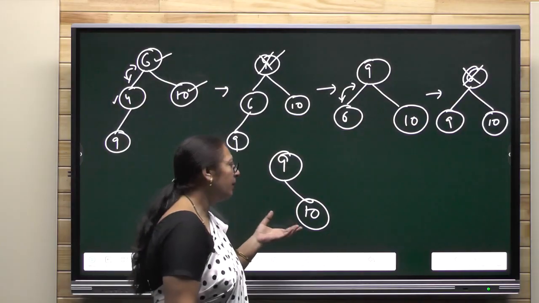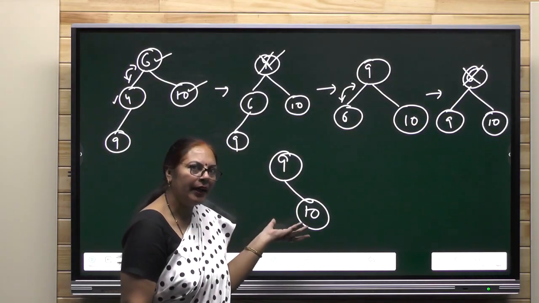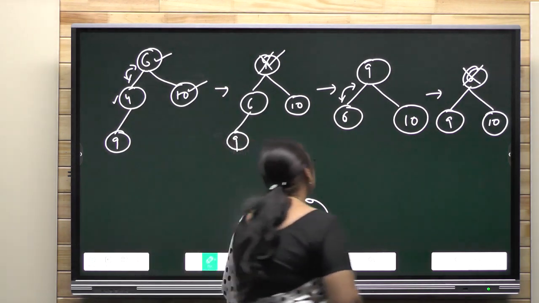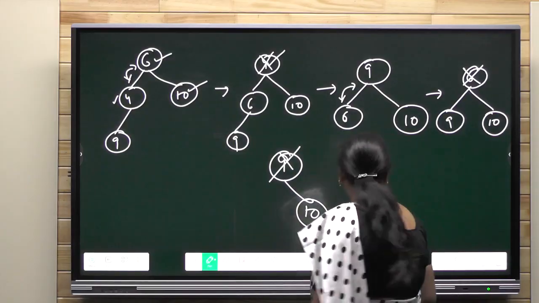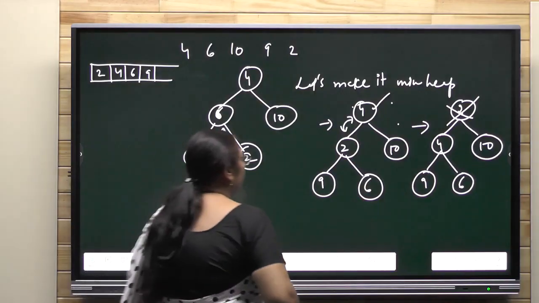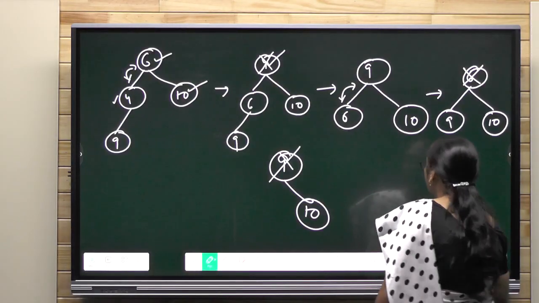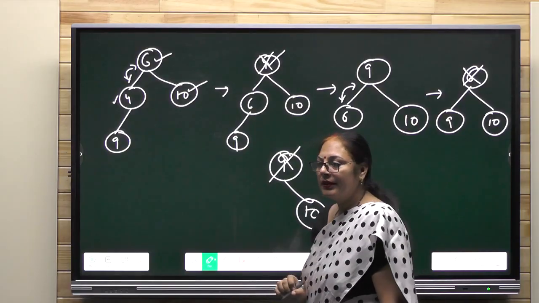Yes, it is, because the parent node is less than its only child. So we delete 9, keep it in our array, and go to our heap again to rebuild it. The only element now left in the heap is 10.